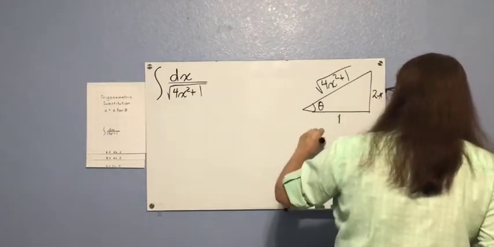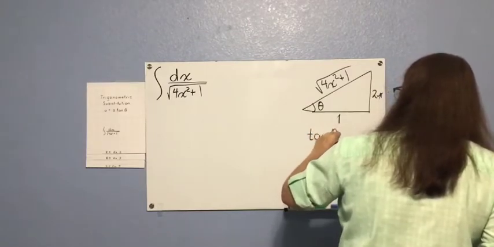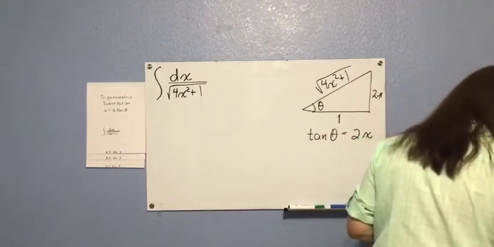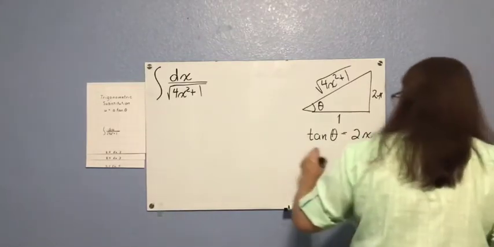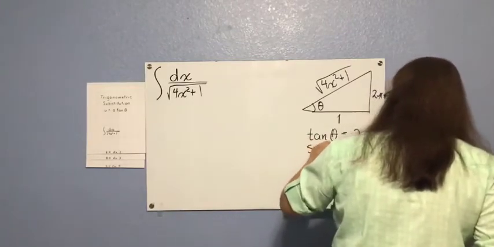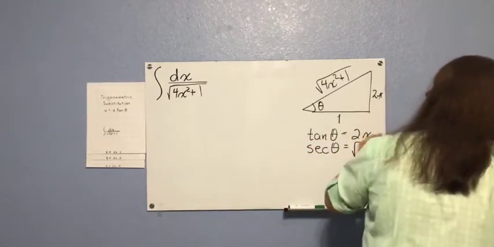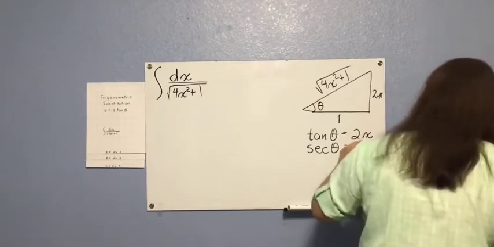And I can see that tangent theta is 2x, and secant theta would be my radical.